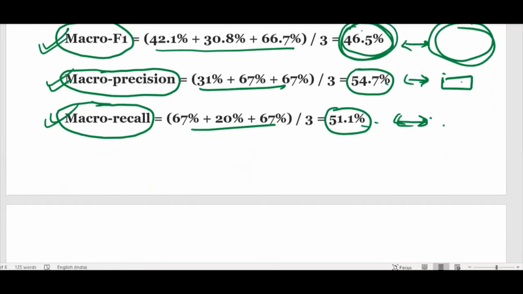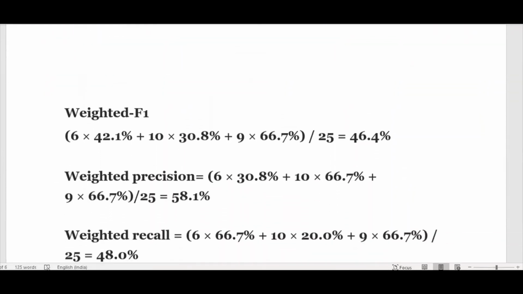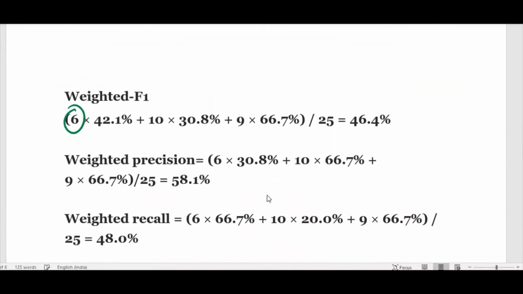Now let's go to the second one, weighted F1. Weighted F1, when we say, you have to weigh 6, 10, 9, remember, by total 25. This is summation Wi Fi divided by summation Wi. That formula is there. Okay. So when you find in actual science, time weighted rate means the weight should be time.